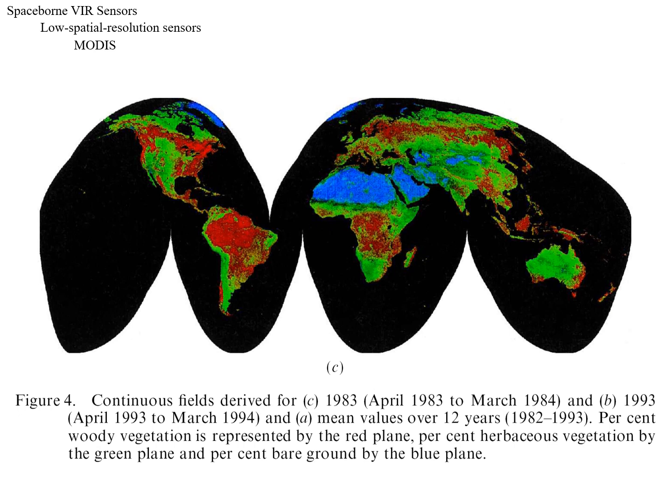Then this is the continuous field product shown as RGB, where red is woody vegetation, green is herbaceous vegetation, and bare ground is blue. So you can see deserts and Greenland are blue, areas with high woody vegetation, forests, are red, and then areas that are dominated by grasslands are green.